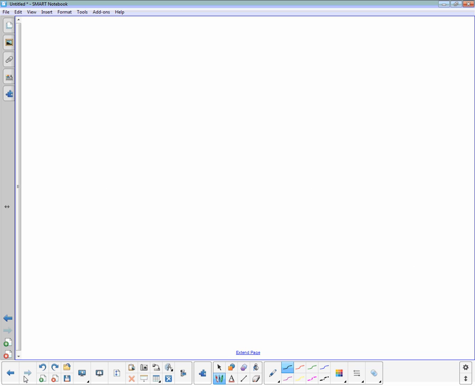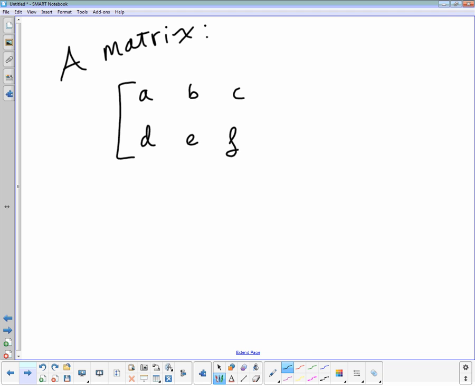A matrix is a collection of items that describes a system. They come in many shapes and forms. All right. This has two rows and 3 columns.